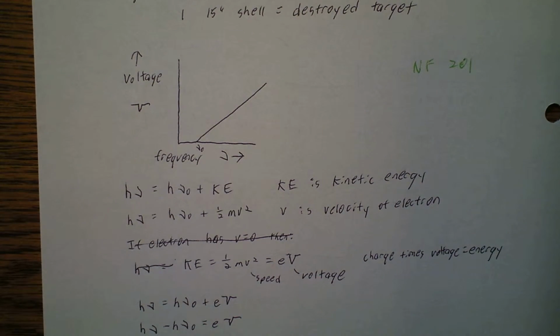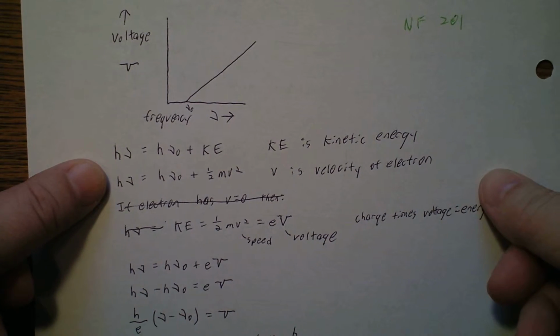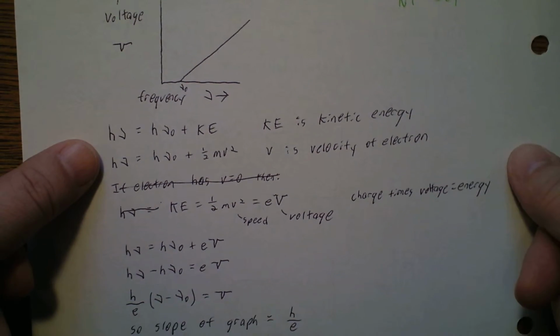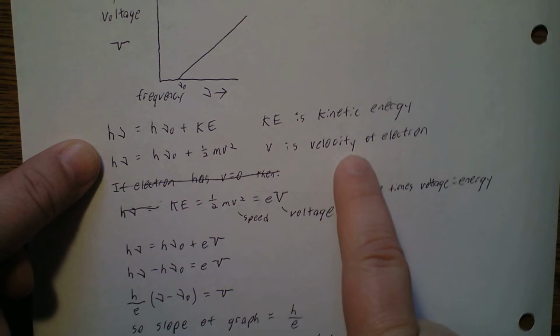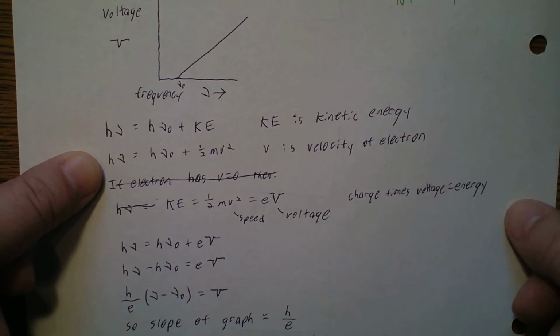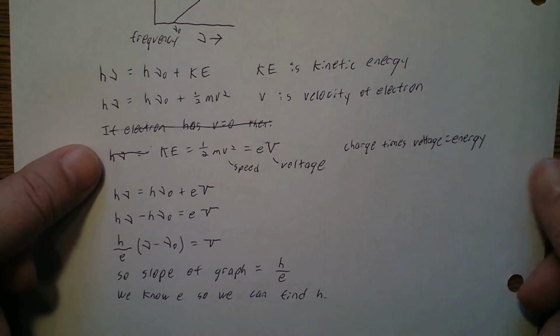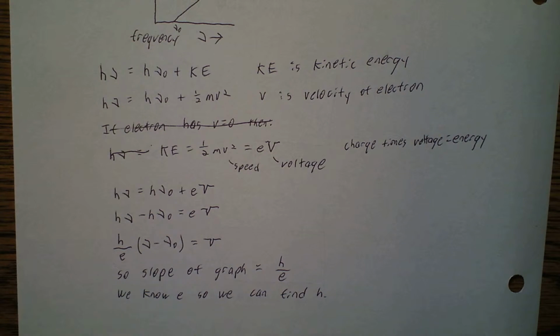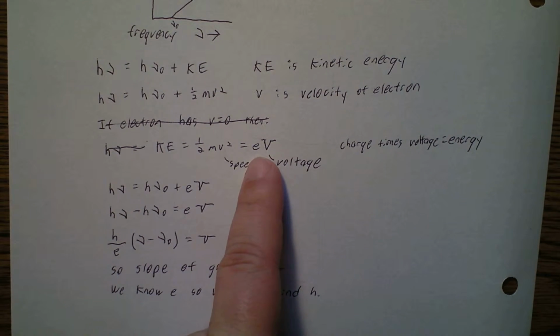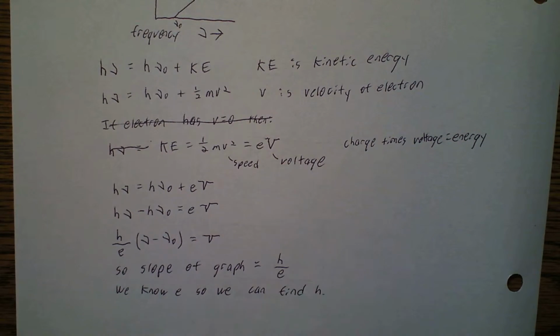So h nu is going to be h nu naught plus KE, where KE is kinetic energy. h nu is equal to h nu naught plus 1/2 mv squared. In this case, lowercase v is the velocity of the electron, because this was the kinetic energy of each electron coming off. So KE is 1/2 mv squared, and that's equal to e times voltage.